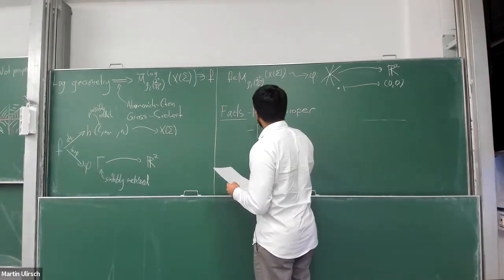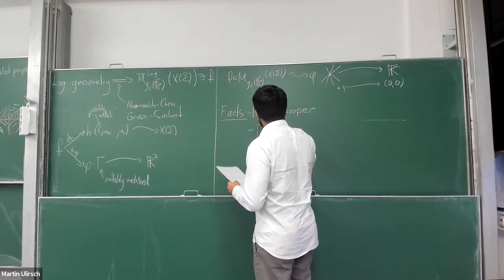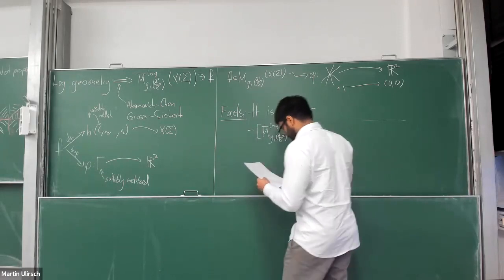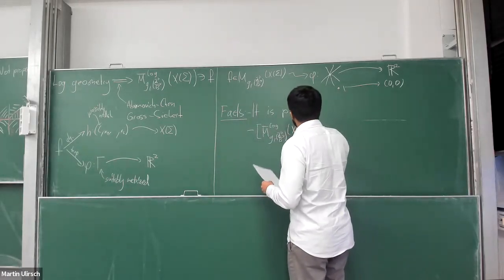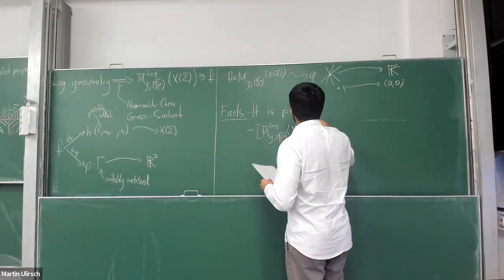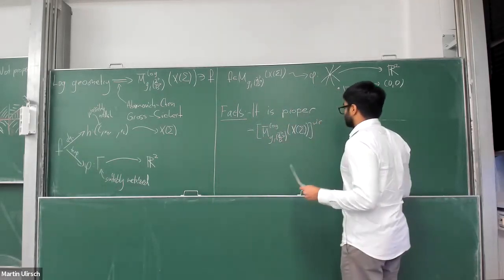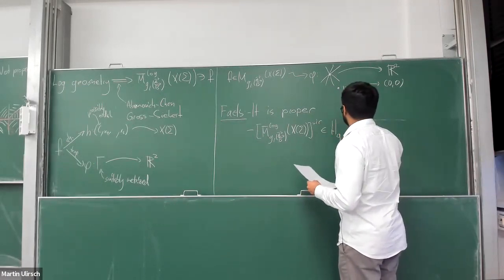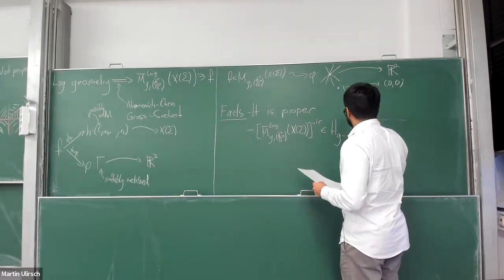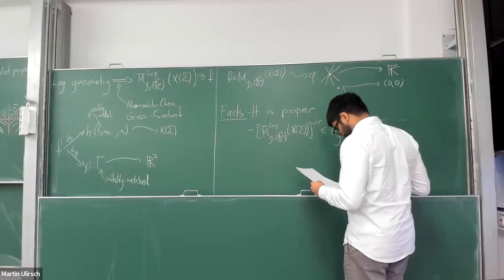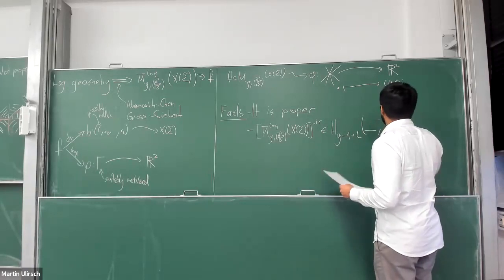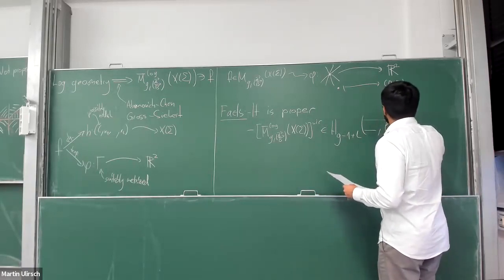So the virtual fundamental class lives in this way, and I will write it as a homology class in this degree. Homology of X, the moduli space, with Q coefficients.